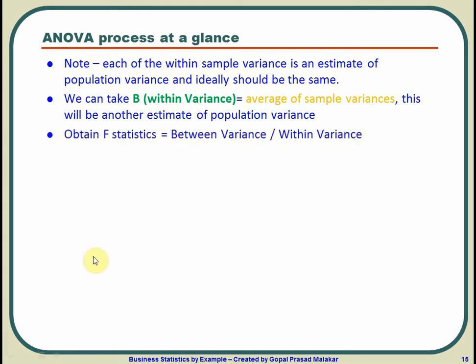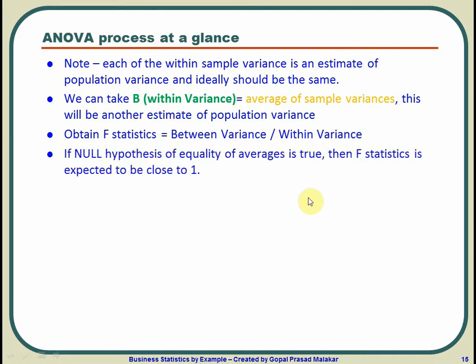So if you calculate the F statistic, which is between variance divided by within variance, this should be 1 when the null hypothesis is true. Essentially, if the data is coming from the same population, the between variance estimate of the population variance and the within sample variance, which is another estimate, should be the same.